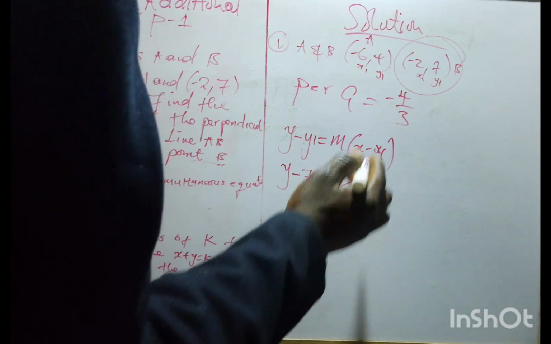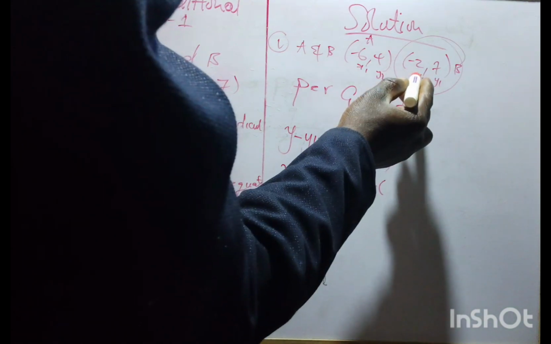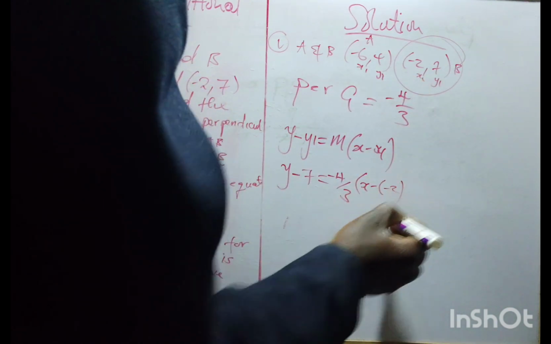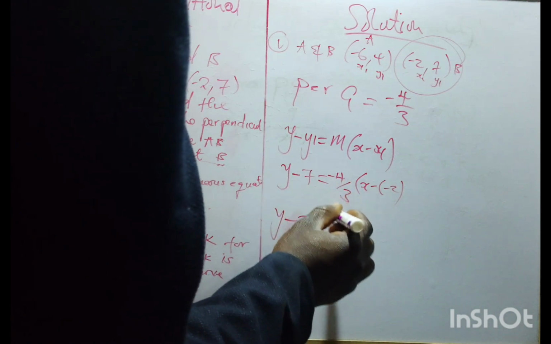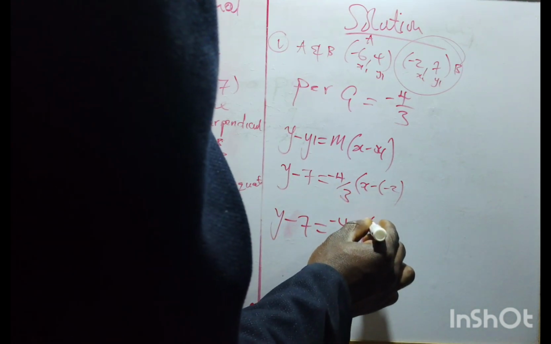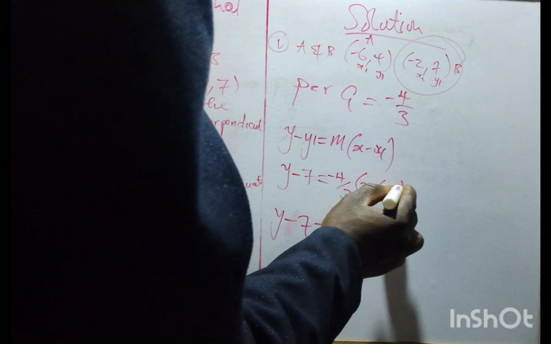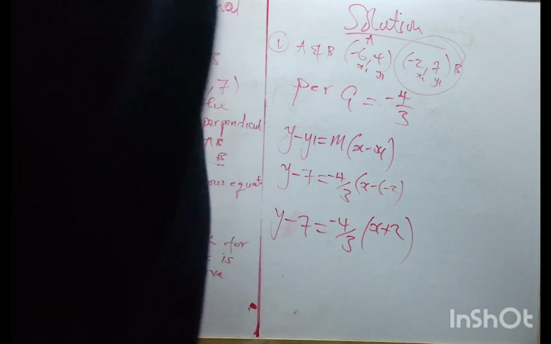So y minus 7 should be equal to minus 4 over 3 open bracket x, negative times negative is positive 2, in the bracket.